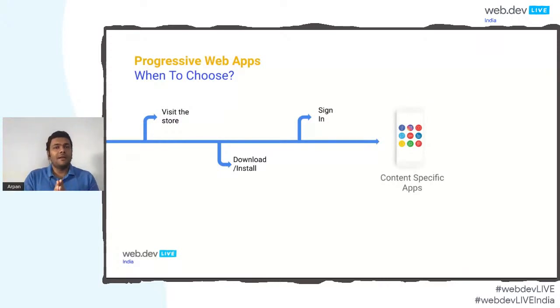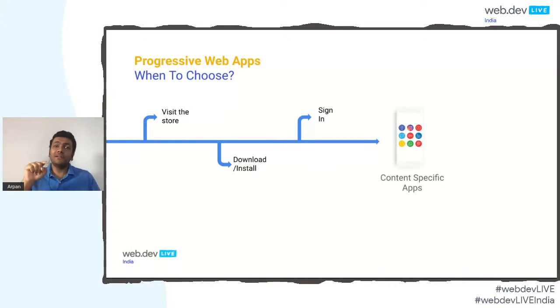Well, let's go through the steps a user has to go through when he or she is installing an application. You show them a link on your website about the App Store or the Play Store. Say the user clicks on the Play Store and goes to the Play Store. The app link opens. They click on install.